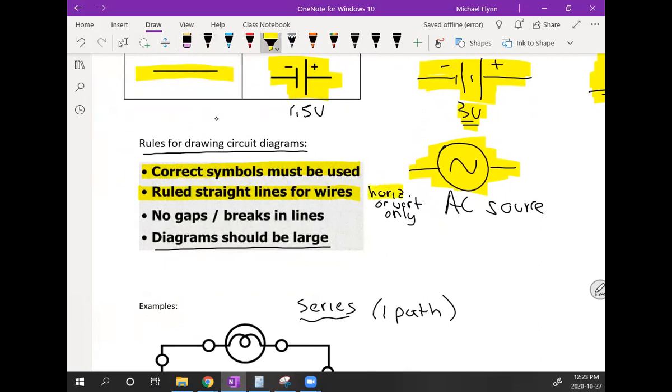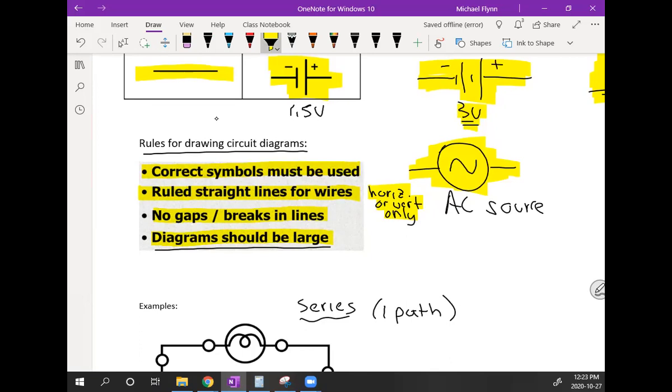So just take note of that when we're drawing wires. There's no gaps or breaks between the lines. That would indicate an open circuit. Okay, and the diagram should be large, which means don't use this really tiny style of drawing things. Okay, they should be large enough that they're easily read.